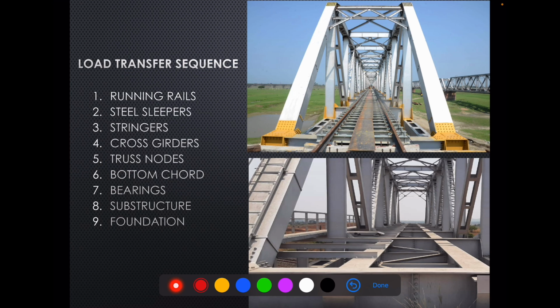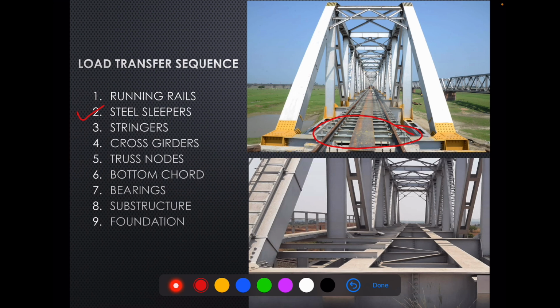So the first point of contact for transferring the load is these running rails. So the load comes from rail wheels to these running rails. Now these running rails are resting upon these sleepers, these steel sleepers. So the load transfer takes place and load comes to these steel sleepers.